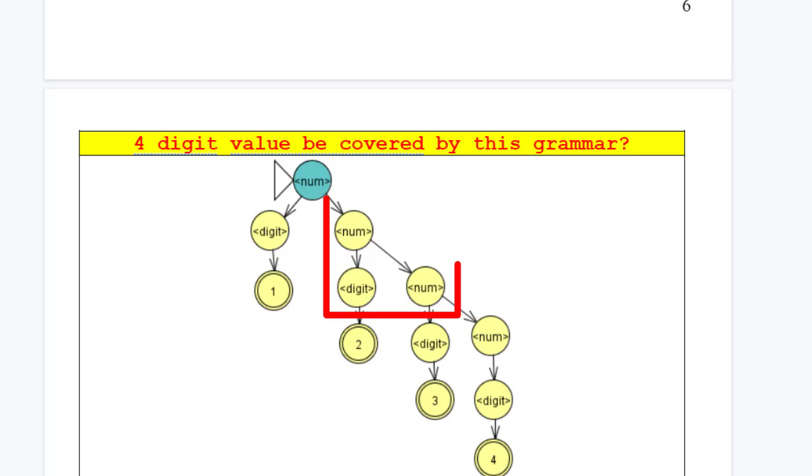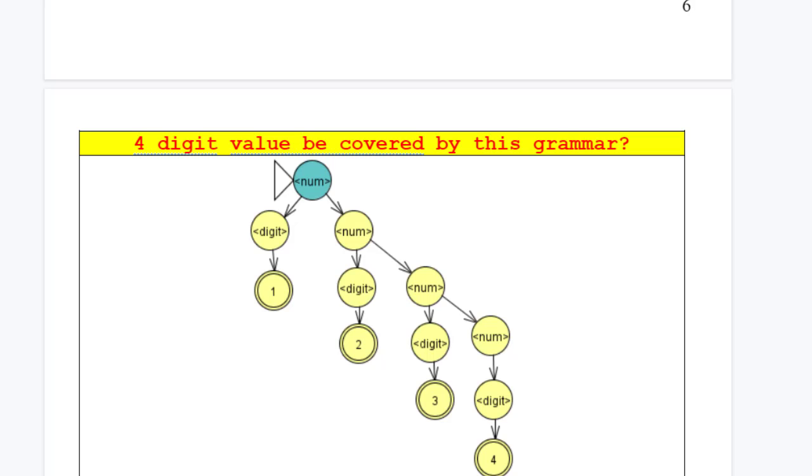There's my digit. By the way, that's using recursion, because it's calling the same thing over and over again in order to get to our final value. So that's the neat part about using grammars, and the grammars that I give you are going to look very similar to what we just did.